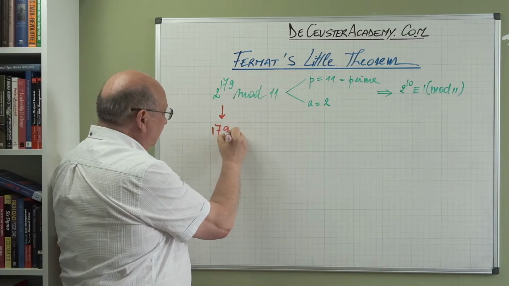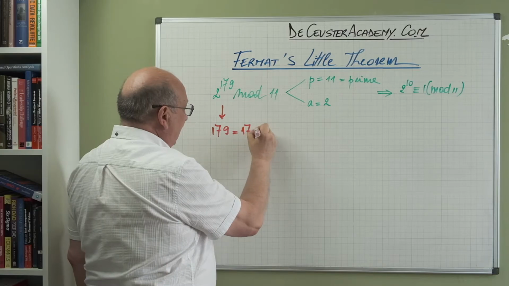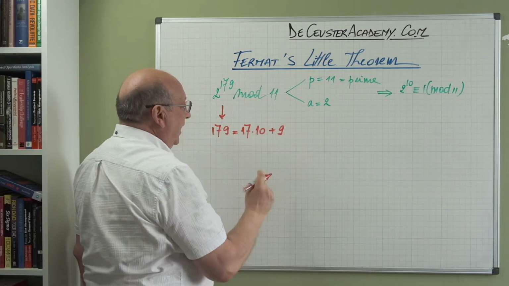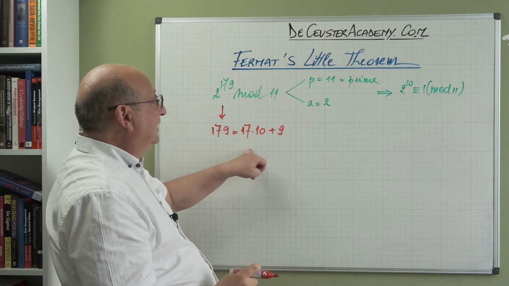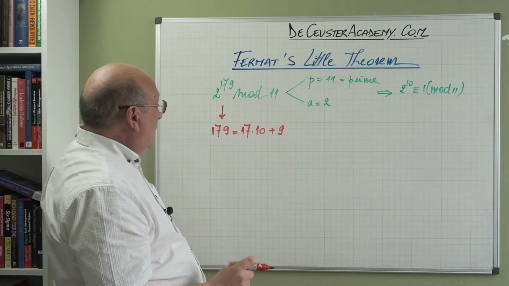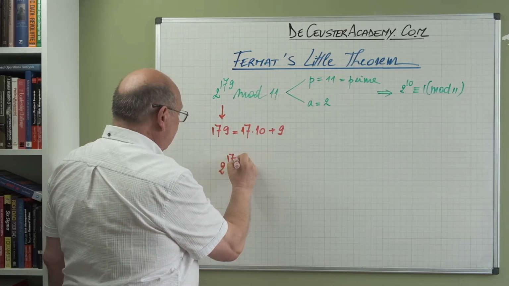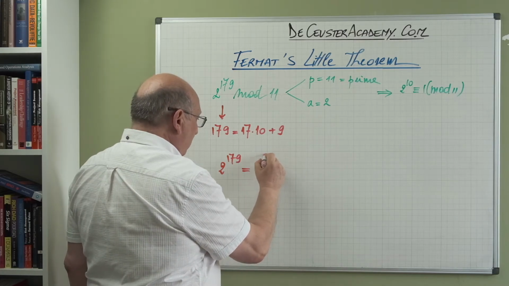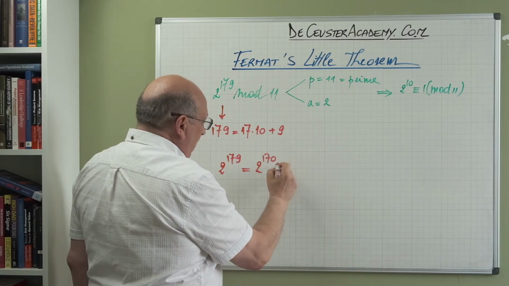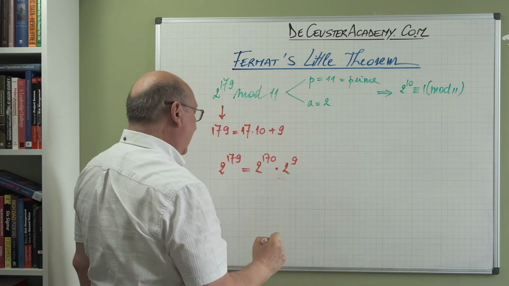So 179 is in fact 17 times 10 plus 9. And we can say that 2 to the power 179 is equal to 2 to the power 170 times 2 to the power 9.